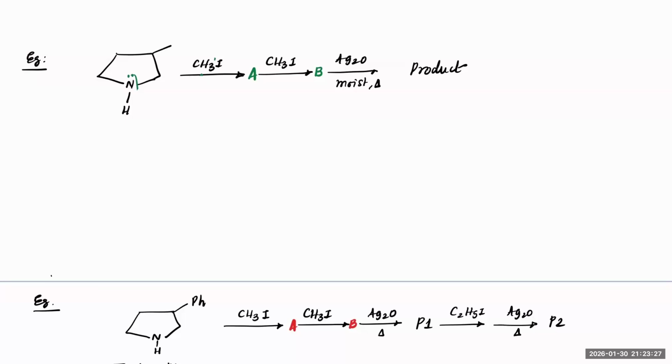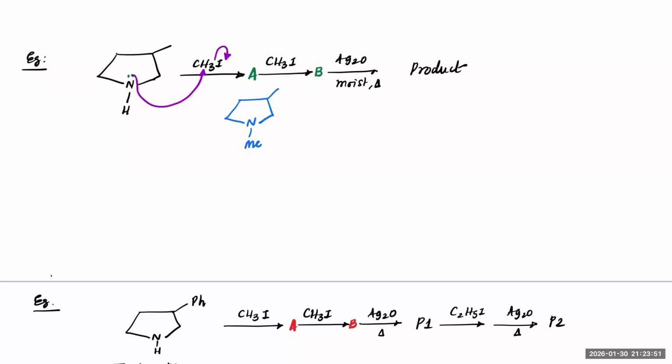First, I have this methyl nitrogen group here. The lone pair present on this nitrogen can attack this methyl iodide, removing this I minus. So what is the first structure you will get? In this case, the first structure will be like this: nitrogen this way and one methyl group coming on it.